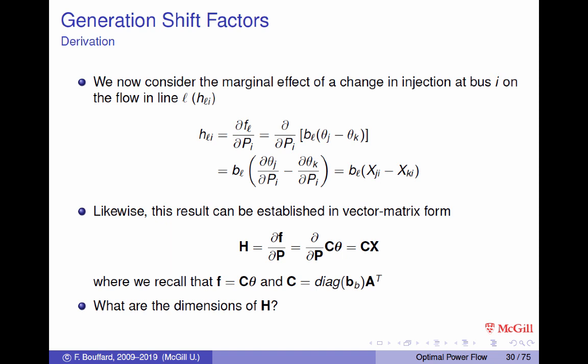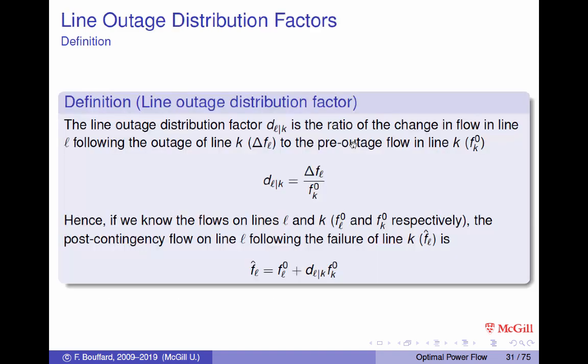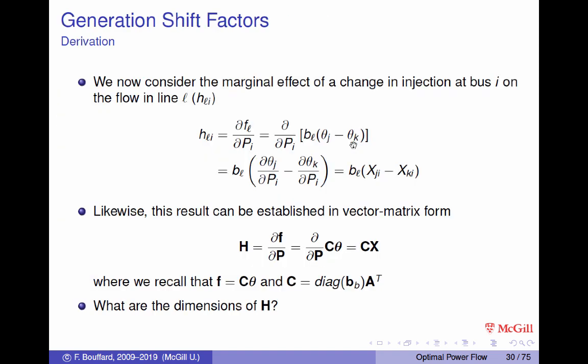Now, what we want to do is to consider the effect of a change in injection at node I on the flow on line L. So going back to the definition of H_LI, it's the partial derivative of the flow in line L with respect to a marginal change in injection at node I. Well, we know what the flow is: B_L times theta J minus theta K. Apologies for that.